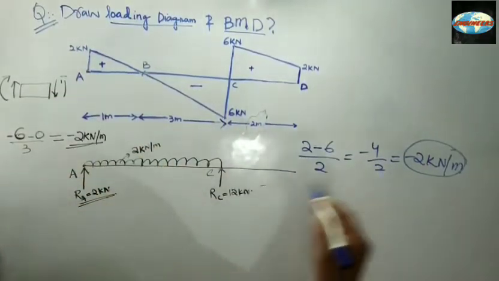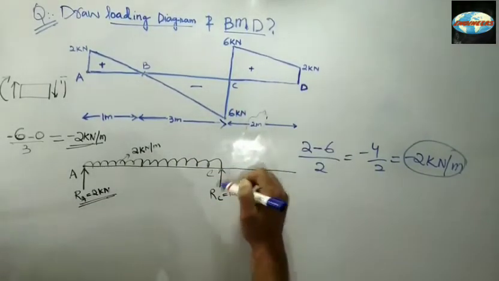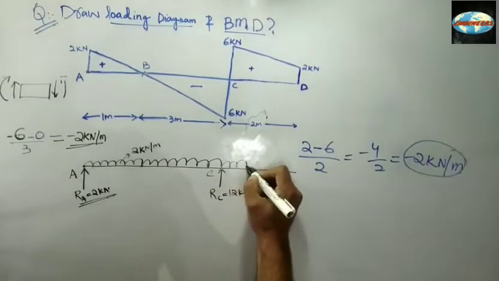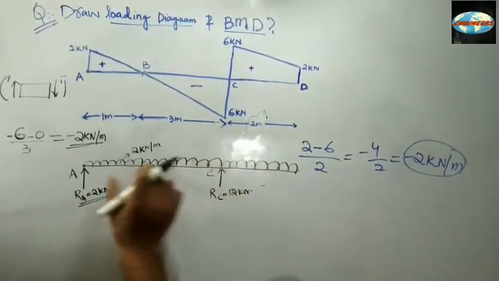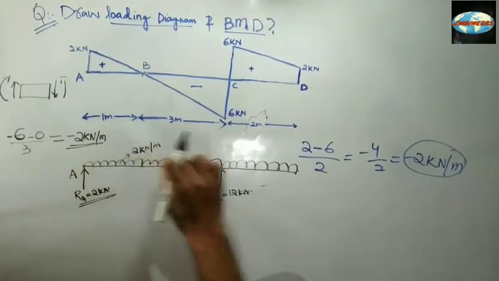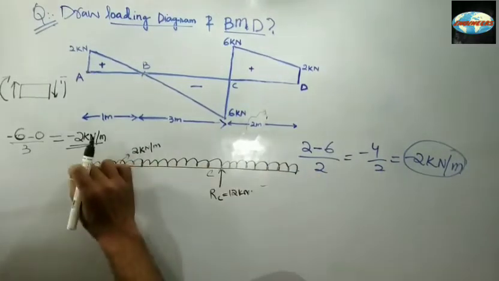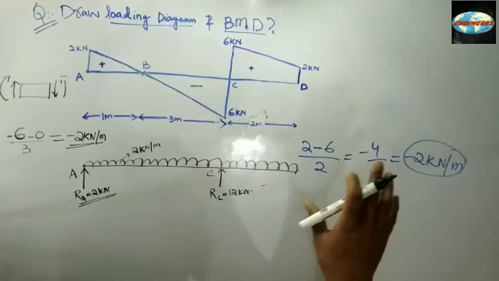So obviously this portion CE is subjected to a UDL of 2 kilonewton per meter. This means the 2 kilonewton per meter extends over the whole beam. From A to D, the beam is subjected to a UDL of 2 kilonewton per meter.